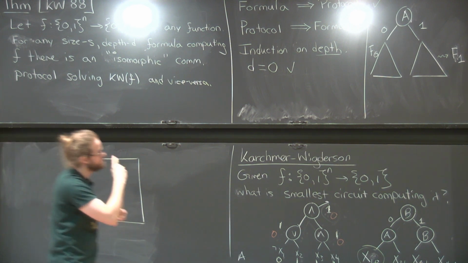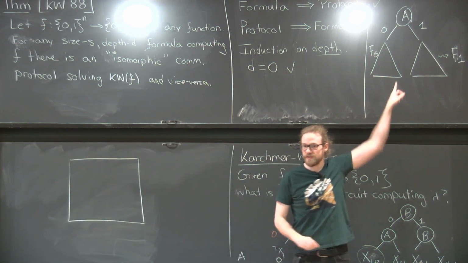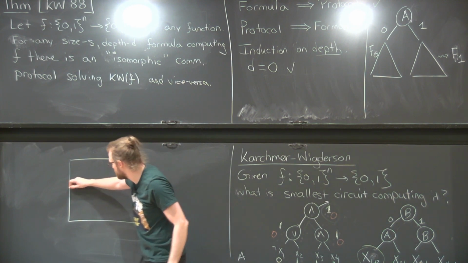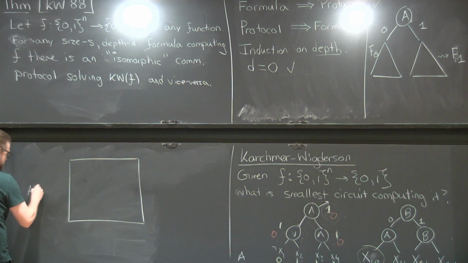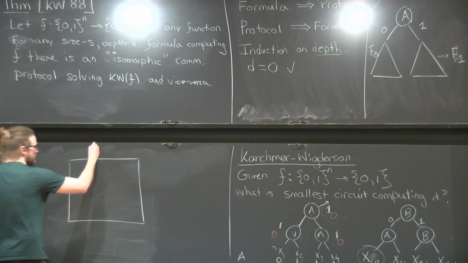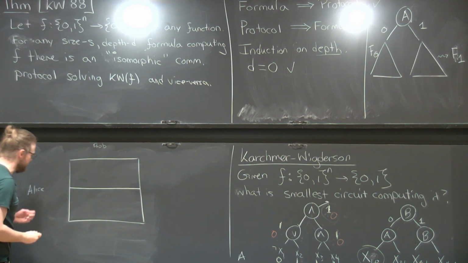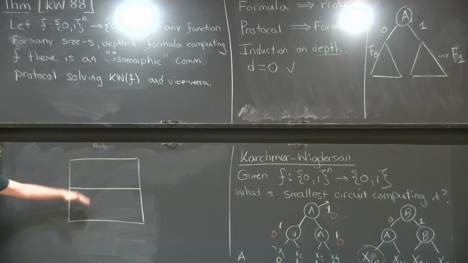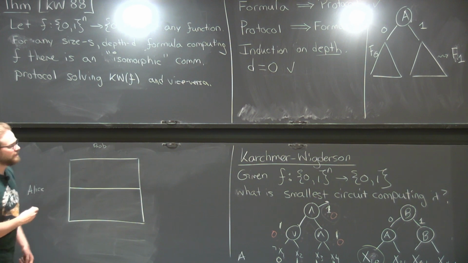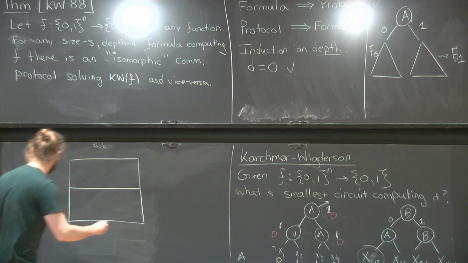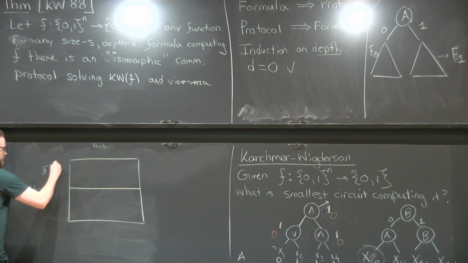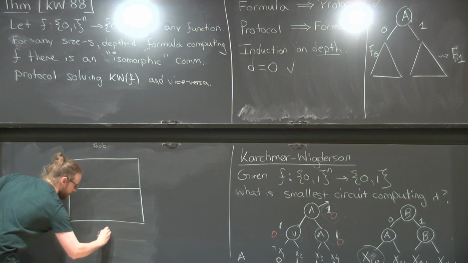So Alice is going to speak first. By what we said before, if we give Alice the rows and Bob the columns, then this is going to partition the matrix into two pieces. Now let's remember that these are really just labeled with 1s of the function and also 0s of the function.